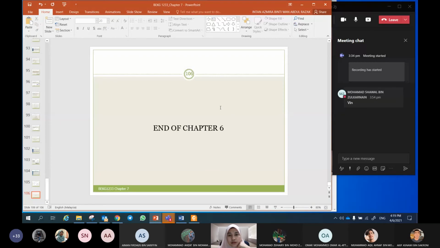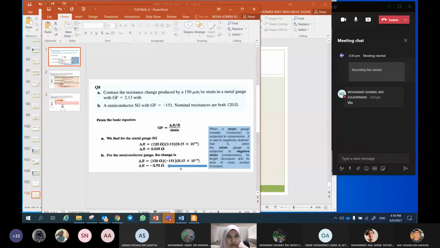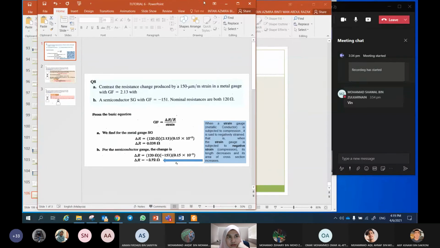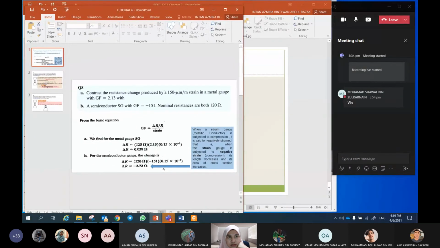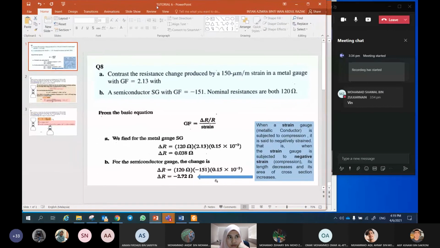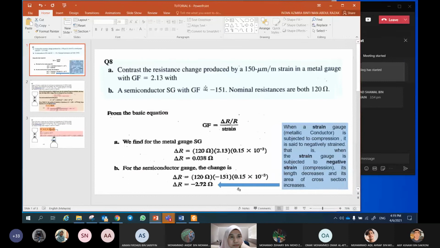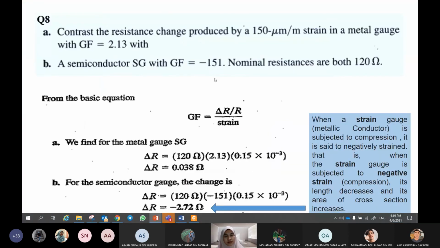So now let's try one example from tutorial. Let's try only one example in tutorial 6. Tutorial 6 is for chapter 7. This is the question.